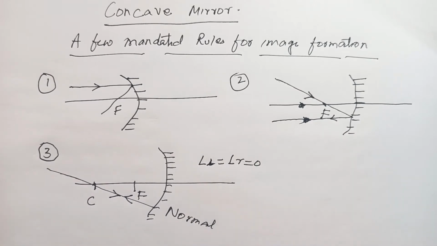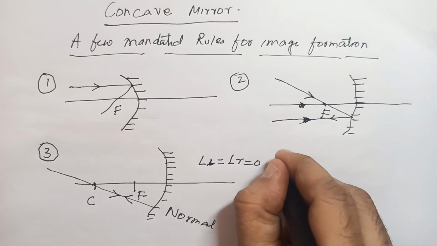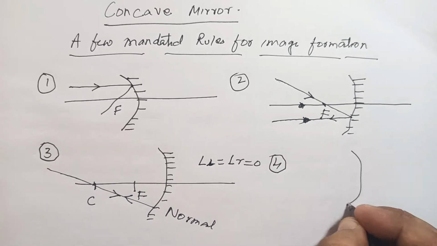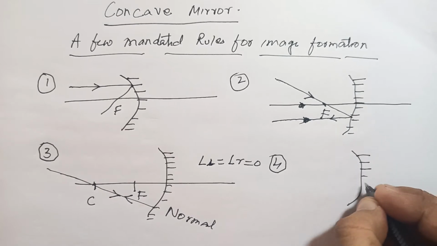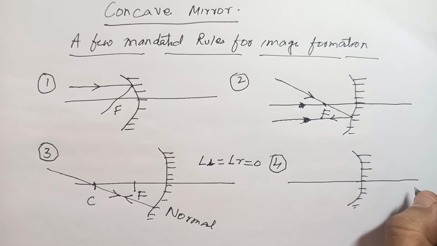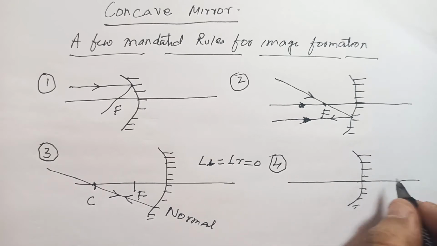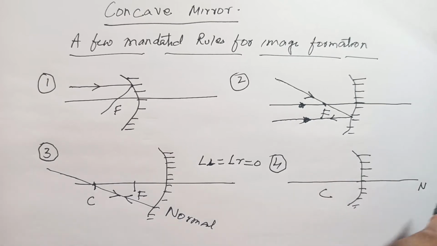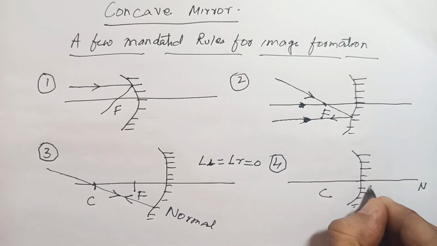Okay? And the fourth rule is, this is a concave mirror. This is the principal axis, and this is the pole.